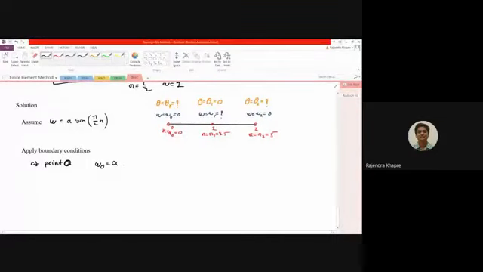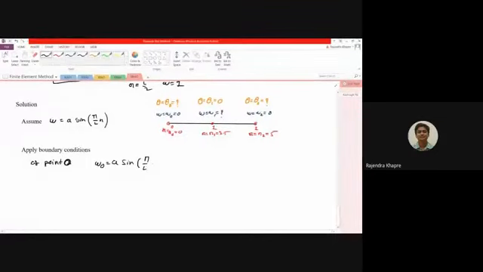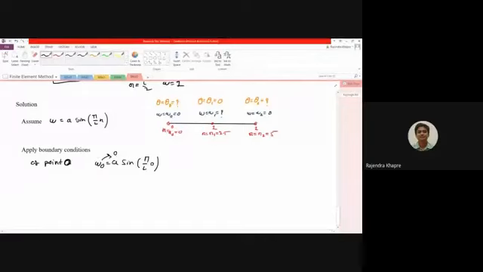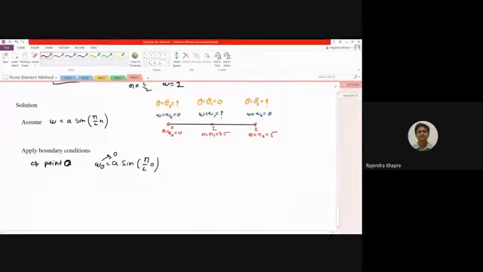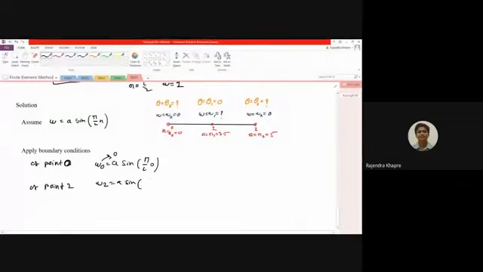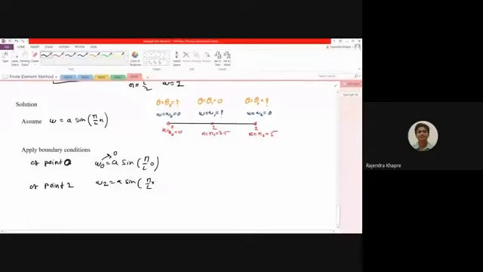Your a into sine of pi by L into x, where the x value is 0. So ultimately you are going to get w0 as 0. So there is no point in applying this boundary condition, isn't it? Similarly, at point 2, this will be w2, which is a into sine of pi by L into x, where the x value will be L. So sine of pi is 0, and ultimately your w2 will also be 0. So there is no point in applying these boundary conditions.